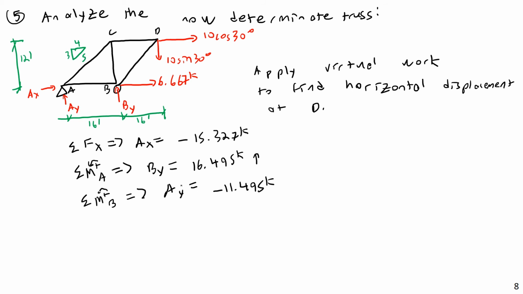Again, for the sake of time, I am not necessarily running through all the calculations, especially when those calculations are just basic statics. So then, using statics, either method of joints or sections, find the internal member forces.